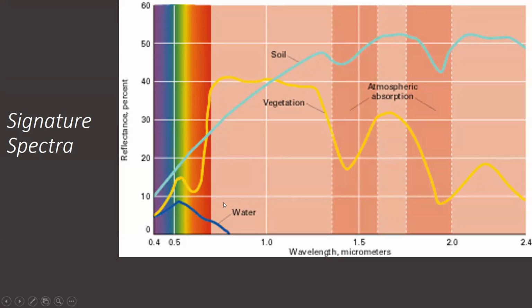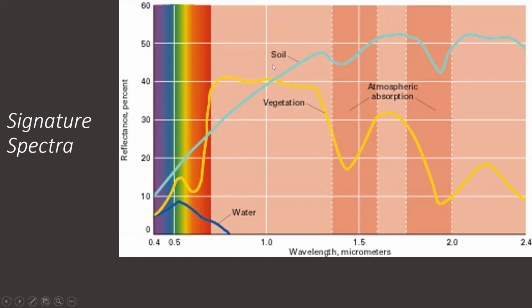In the same way, soil will have a reflectance across all these ranges, and vegetation will also have all these ranges. But when we look, we can identify one particular range, around 1.5 micrometer, where the distance between these two curves is maximum.